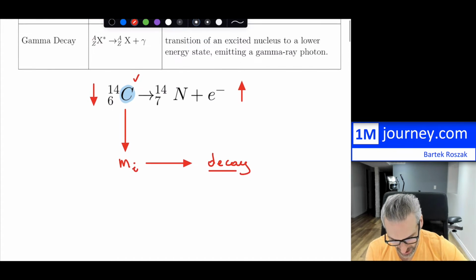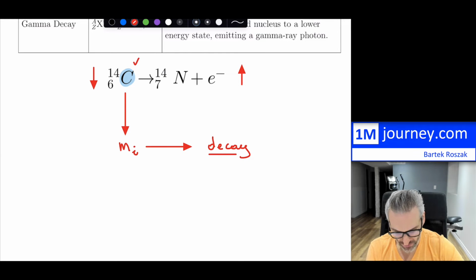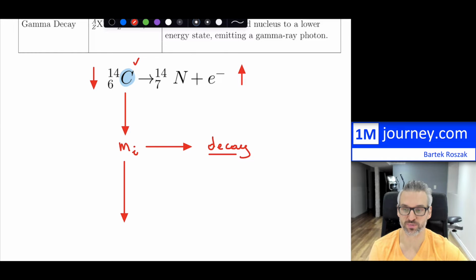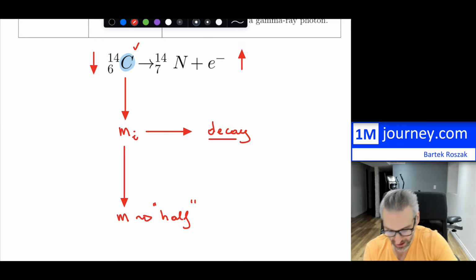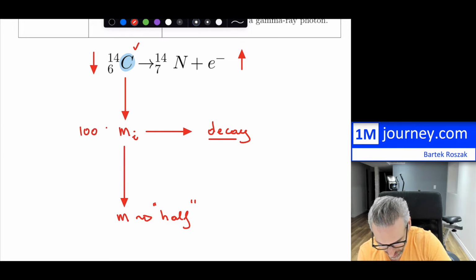So what we are interested in, and it's very nice to be able to capture this, is that this process, whatever you're starting with initially in terms of mass, gets to the point where the amount of mass is equivalent to half of what it started. So maybe you started with a certain amount, let's say you're starting with 100%.